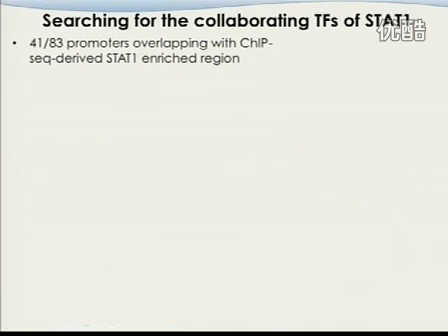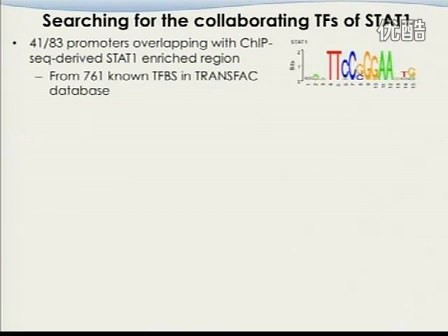So we found that 41 out of 83 promoters overlap with ChIP-seq-derived STAT1 enriched regions. And we just did this motif search in these 41 regions, using exactly the approach that I showed last time, okay? And then we found that the first motif that showed up was a STAT1 binding site, which is kind of nice, right?